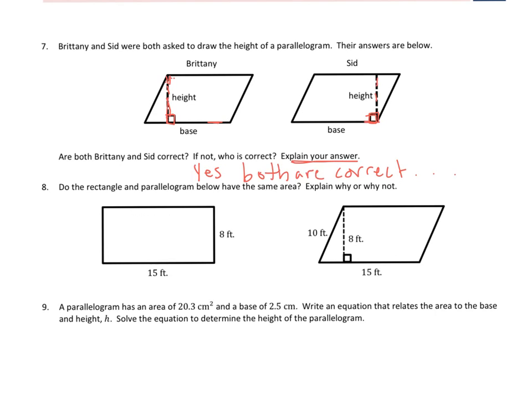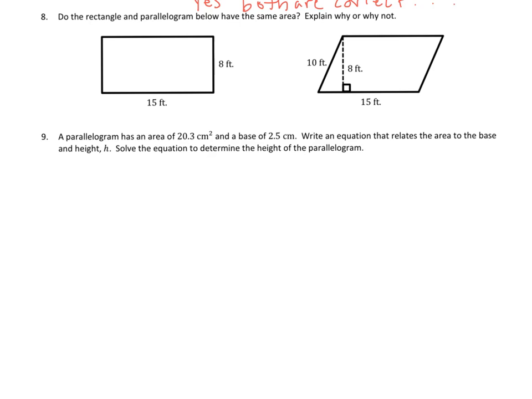Let's take a look down at 9 very quickly to write the equation. I'll help you with the equation, and then you can use your knowledge from Module 4 with equations and expressions to solve this. So a parallelogram has an area of 20 3/10 centimeters squared and a base of 2 5/10 centimeters. Write an equation that relates the area to the base and the height.